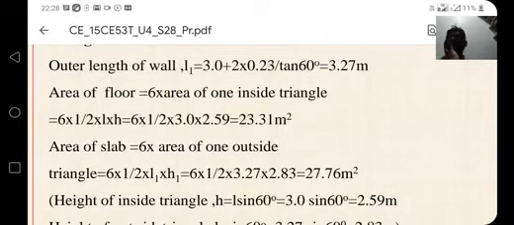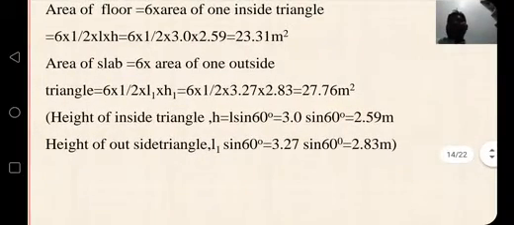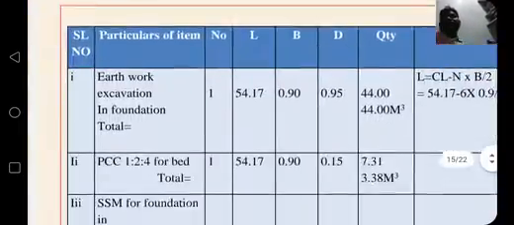Area of slab: 6 into area of one outside triangle, 6 into half into L1 into H1. L1 is 3.27 and H1 is 2.83. 6 into half into 3.27 into 2.83 is equal to 27.76 meter square. Height of inside triangle H is equal to L sin 60 degree, 3 into sin 60 degree, 2.59 meters. Height of outside triangle is L1 sin 60 degree, 3.27 sin 60 degree, 2.83 meter.